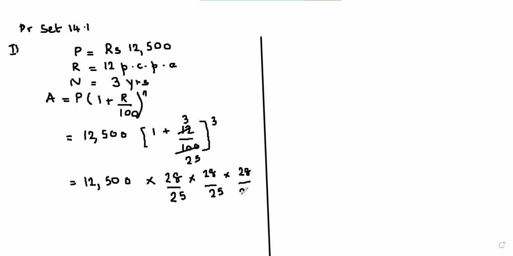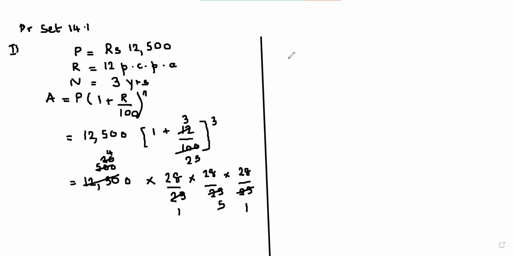Now very carefully watch the cancellation. Now this will cancel with 25. 25 ones are 25. 25 fives are 125. 25 ones are 25. 25 20s are 500. 5 fours are 20. 5 fives are 25.